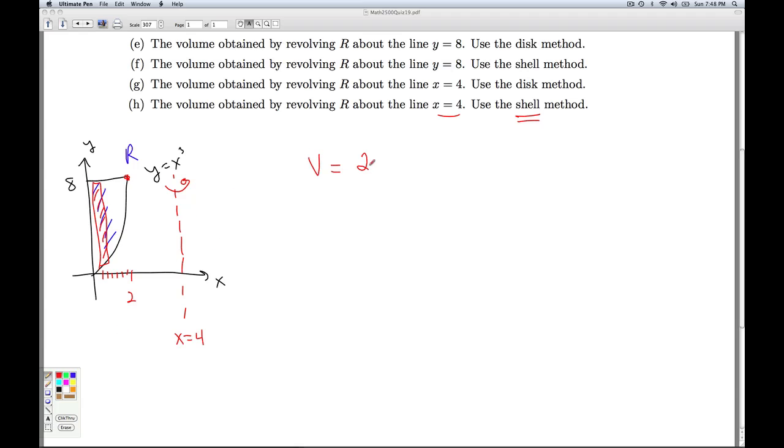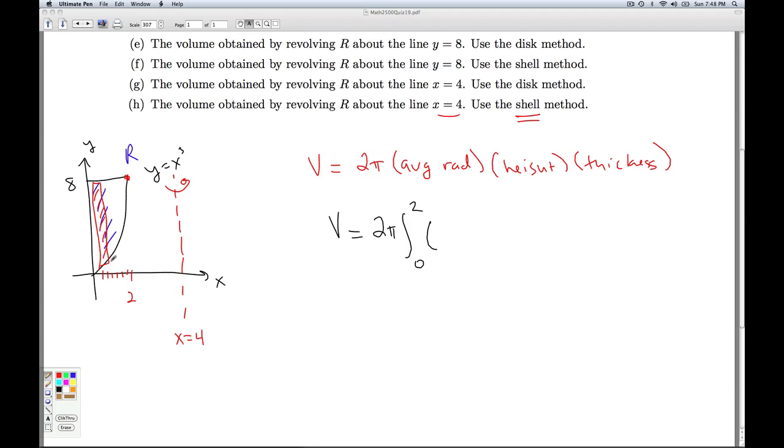The volume of a shell, once again, is 2 pi times the average radius times the height times the thickness. And I'm going to be chopping up the x-axis, so the thickness is going to be the dx. So I'm going to be integrating on the x-axis from x equals 0 to x equals 2.